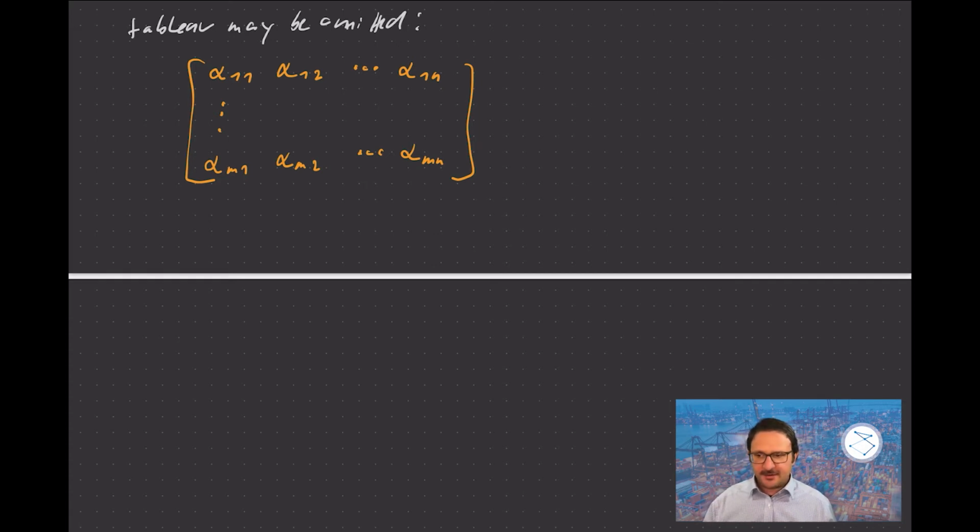But before we get to that, let's first have a look at a very special case where the solution of a system of linear equations is particularly easy to determine. And that is the so-called echelon or staircase form.